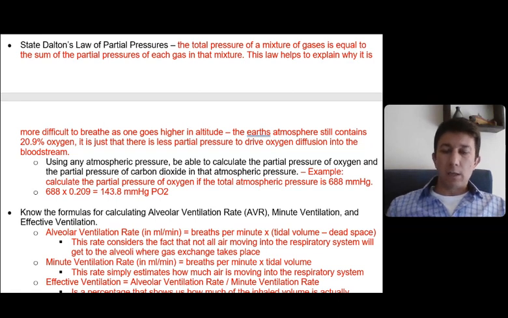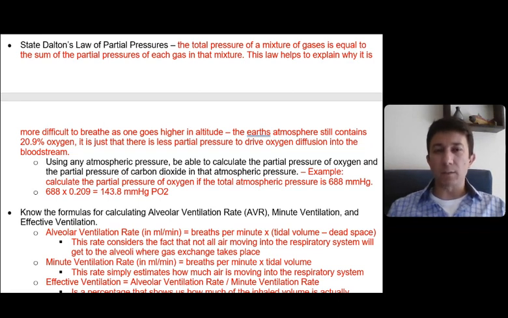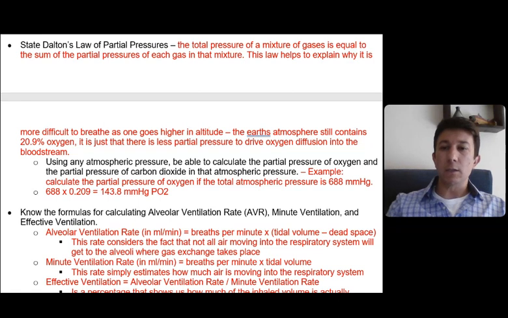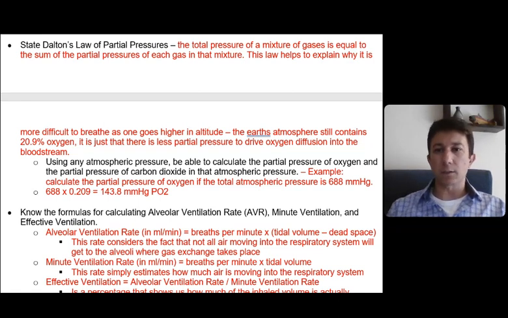So if I were to say calculate the partial pressure of oxygen if the total atmospheric pressure is 688 millimeters of mercury. So remember that this is a pressure, and our units for pressure are millimeters of mercury. It's a pretty simple calculation, in that we take the total atmospheric pressure, which is 688 millimeters of mercury, and we multiply that by 0.209, which is the decimal form of 20.9%.